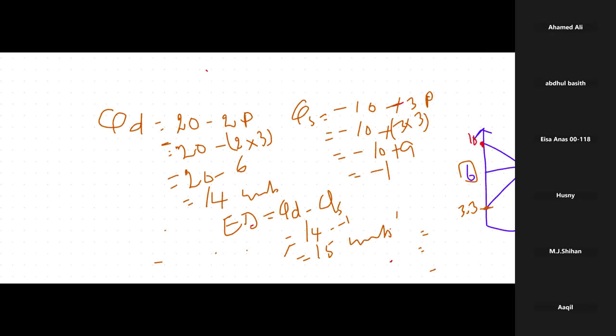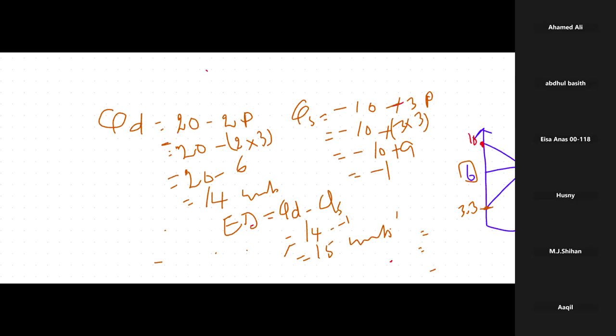Sir, so I think the third question is economic surplus or something, sir. What is the third question? Can you repeat the third question? Yes, sir. Economic surplus. Third question, calculate the CS, PS, and ES at equilibrium. Consumer surplus, producer surplus, and economic surplus, right?